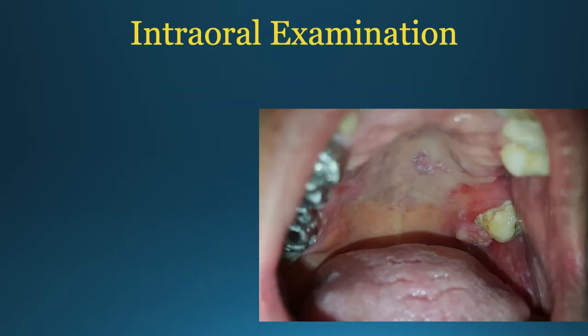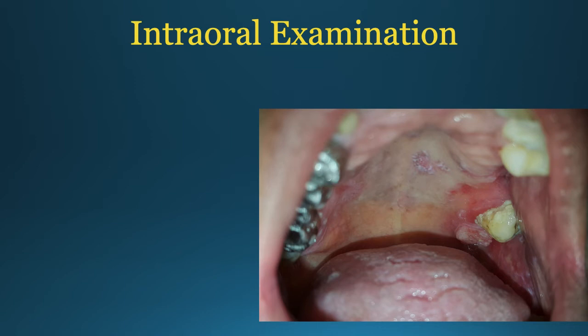Proceeding to the palate, on the edentulous area we have the erosive type of lichen planus, but in the middle of the palate we could say that we have the erosive type of lichen planus intermixed with the annular or papular type.